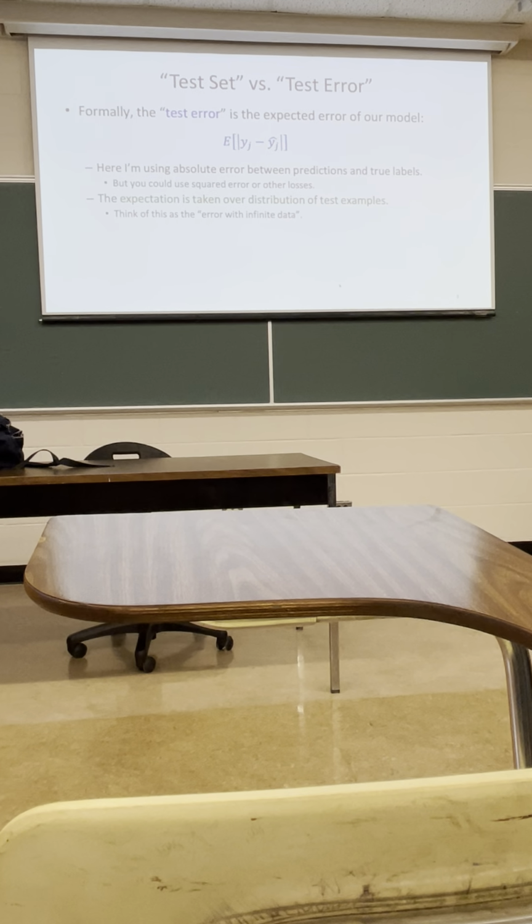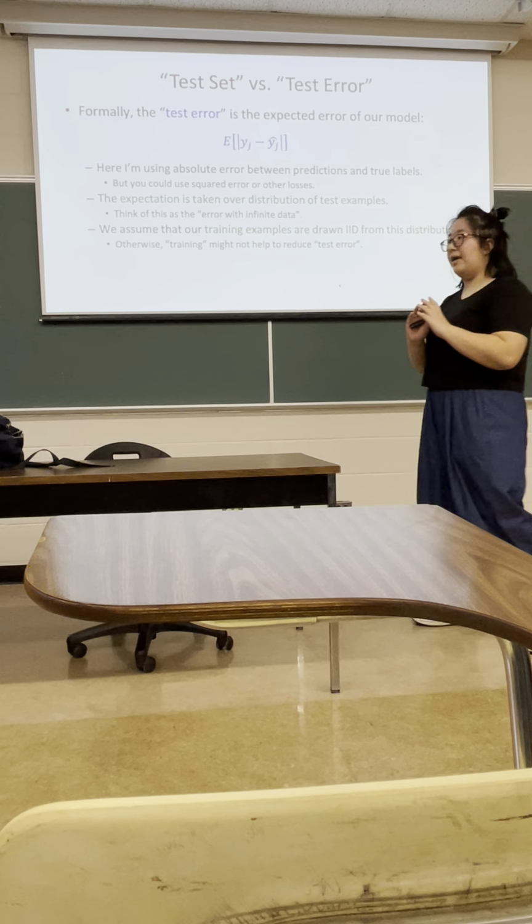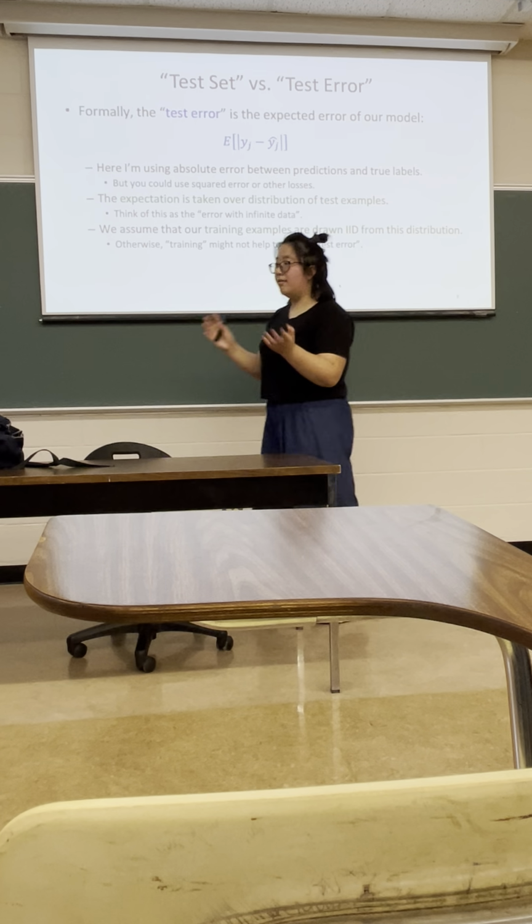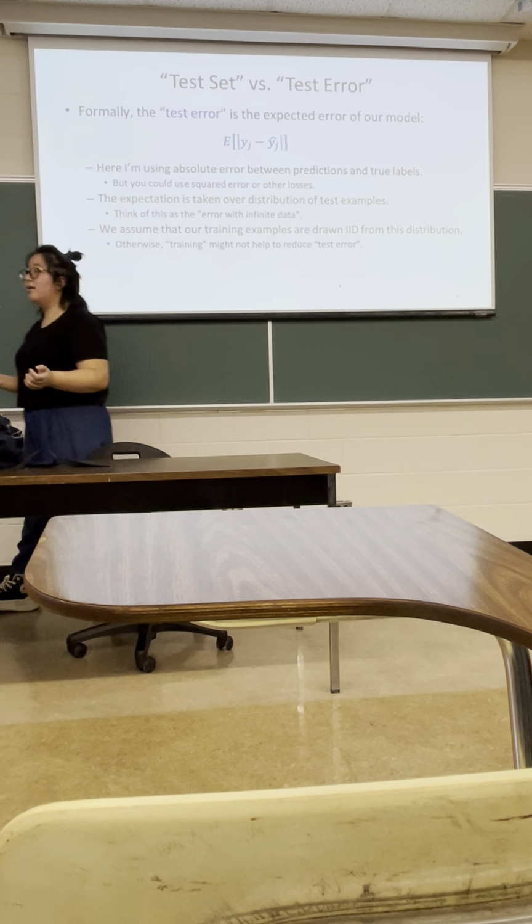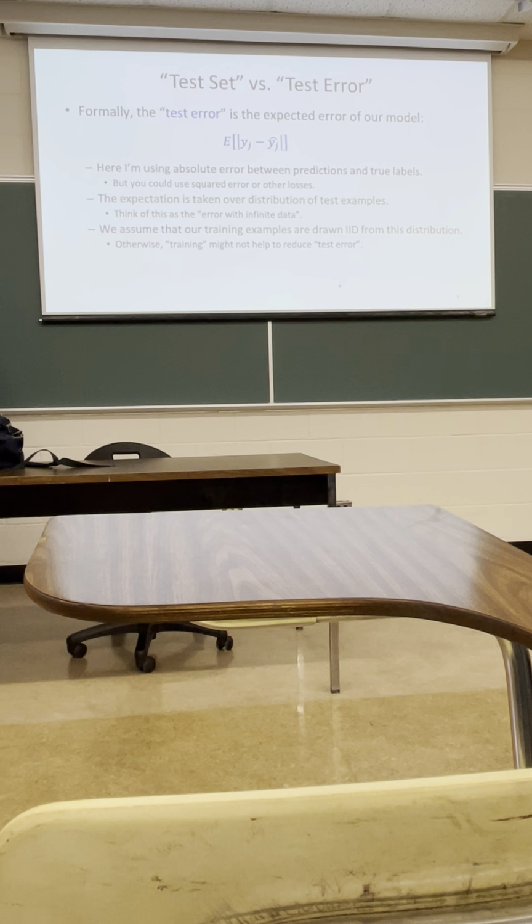And the expectation is taken over the test examples. Because of this randomness, ideally we want to handle an unlimited number of data, so we can imagine we are taking the expectation over infinite data.